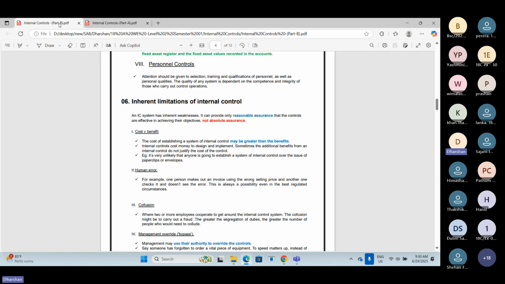So is it worth implementing controls for small processes like envelope purchase and stapler pin purchase and consumption? If they implement the controls, they need to incur cost, but the benefit received from those internal controls is not worth the cost.